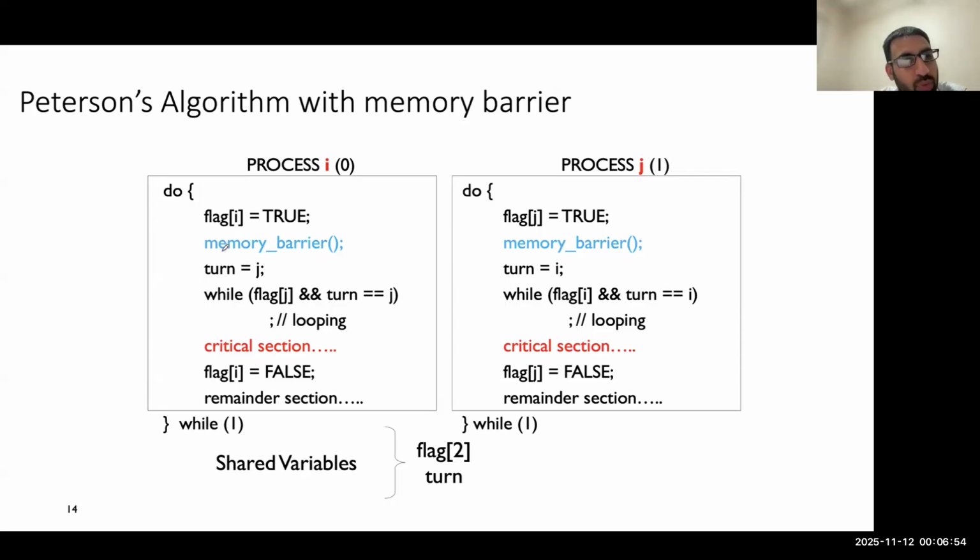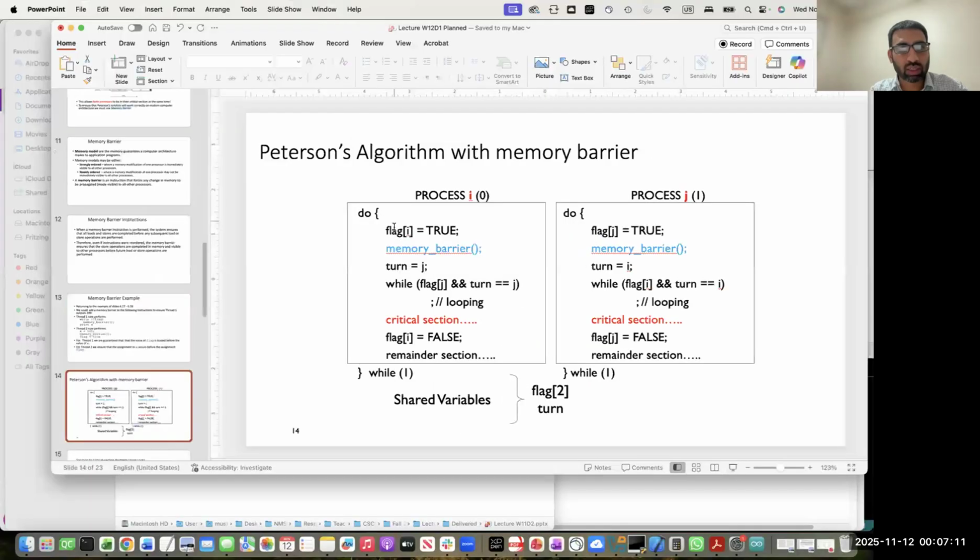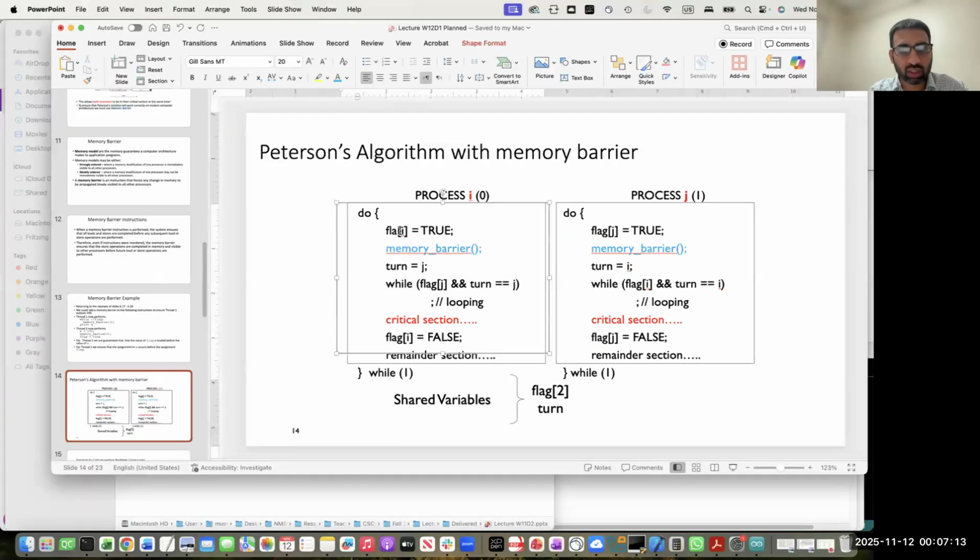So for that, we can put the memory barrier between the statement where we are setting the flag, actually the interested variable. I just simply used different names. So here you can use interested, or actually maybe let me do it right now, because otherwise later, when you are reading the slides, you will be confused.